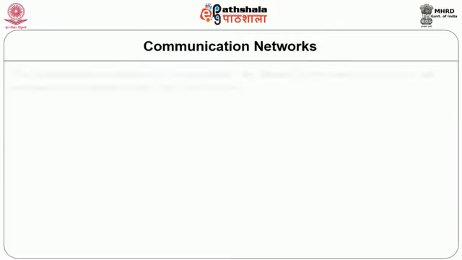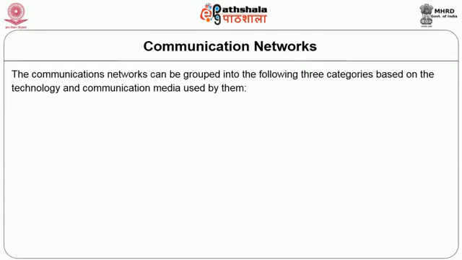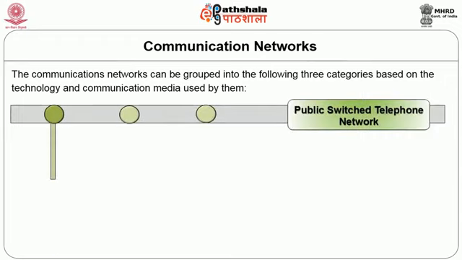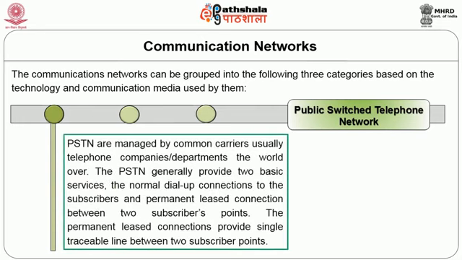The communication networks are grouped into three categories based on the technology and communication media used by them. Number one is the public switched telephone network, in short PSTN. It is managed by common carriers, usually telephone companies, worldwide.